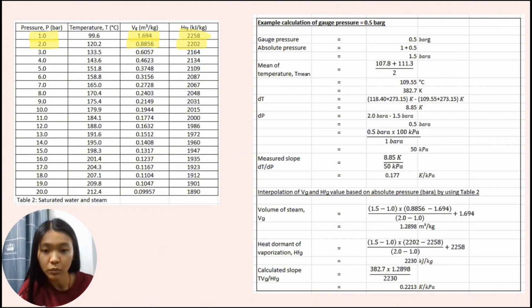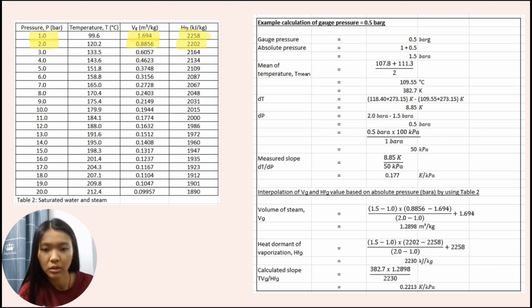Heat of vaporization HFG equals (1.5 minus 1.0 bar) times (2202 minus 2258) divided by (2.0 minus 1.0) plus 2258, which equals 2230 kilojoule per kg.